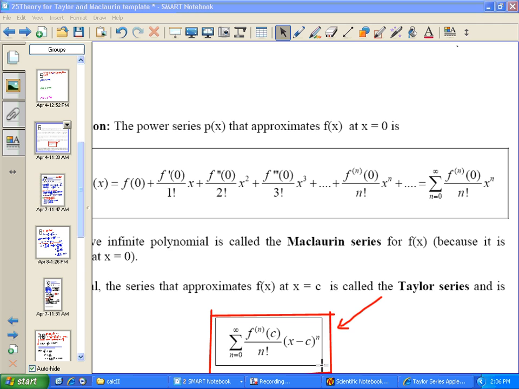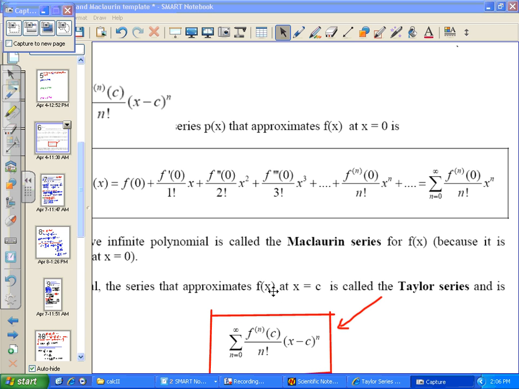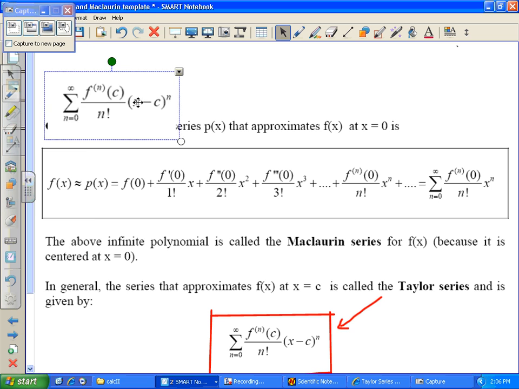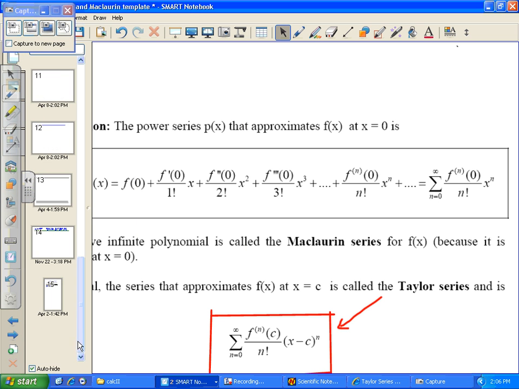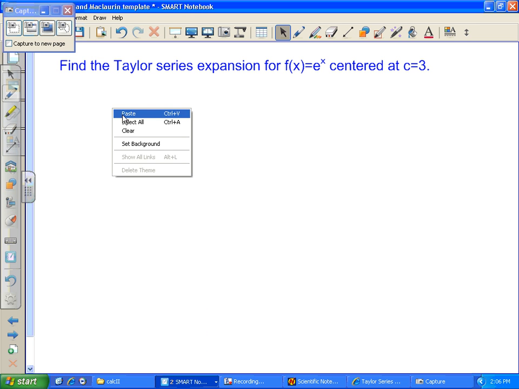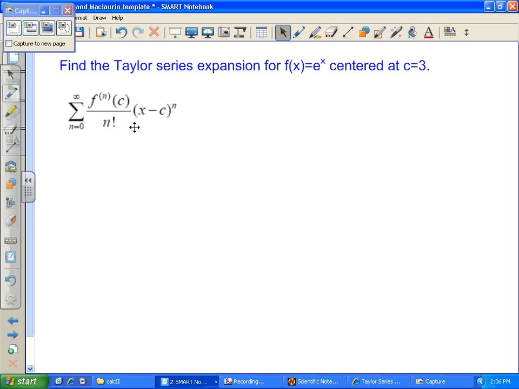Okay, this was the Taylor series expansion for a polynomial. And let's go ahead and put it where we were, right here. Okay, so this is the Taylor series.